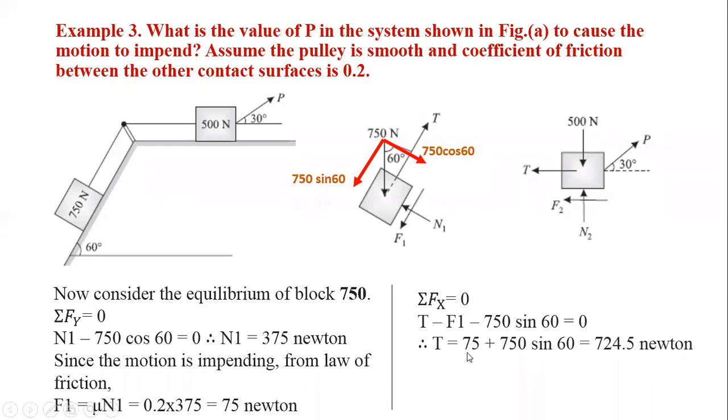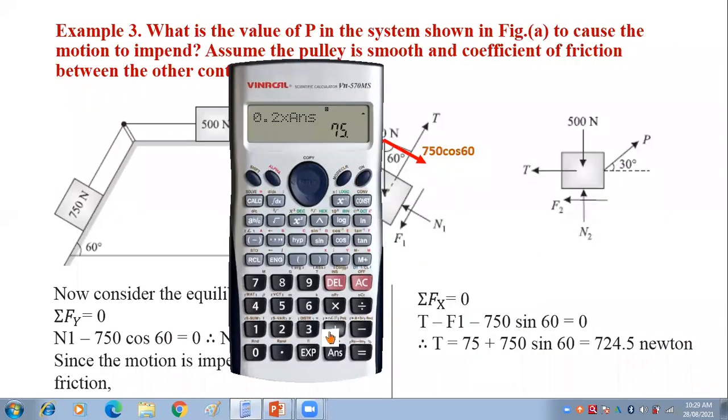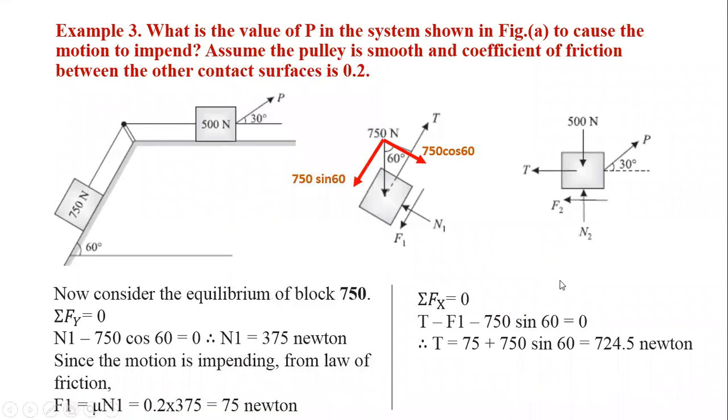T is equal to 75 plus, these minus terms we take to this side, they become plus terms, means 75 plus 750 sin 60. Now if you solve this, you will be getting 724.51 Newton. That is the T value, that is, the tension in the string is 724.5 Newton.